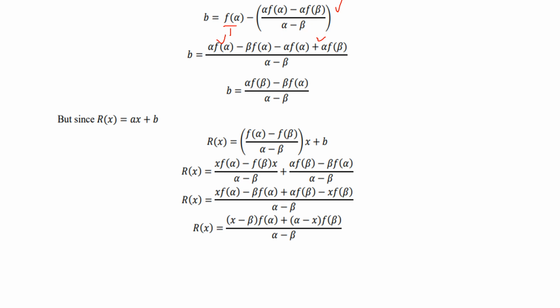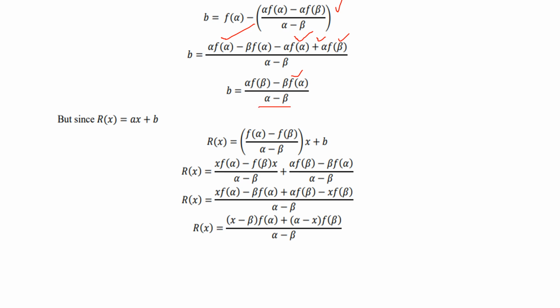Now simplifying and collecting like terms, you find that there are some values that are going to go away, but you don't cross them. So you see that you're having alpha f of alpha minus alpha f of alpha, so the two of those go away. Then you're going to remain with alpha f of beta less beta f of alpha, divided by our LCM, which is alpha minus beta.